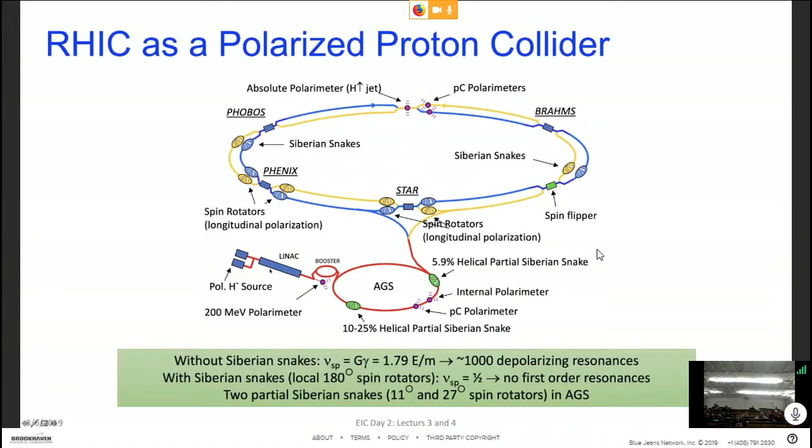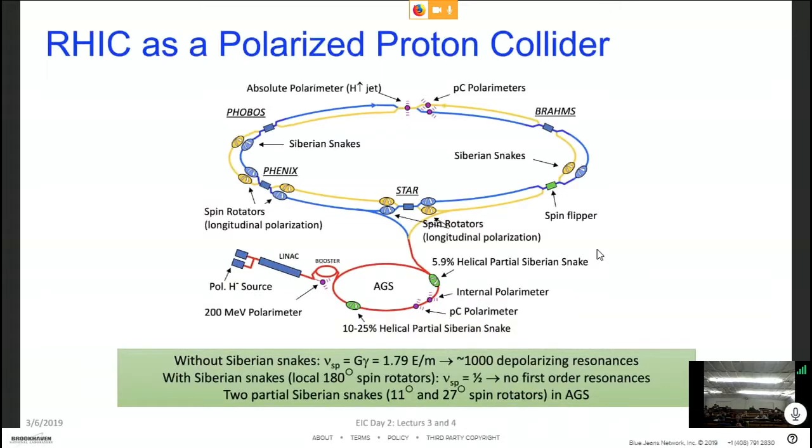And that means that now we have a proton that goes into the booster, gets accelerated to 2 GeV, gets transferred to the AGS, gets accelerated there to about 24 GeV, and then it comes out here and goes alternately in the blue and the yellow ring of RHIC, which then is able to accelerate the protons up to 250 GeV.